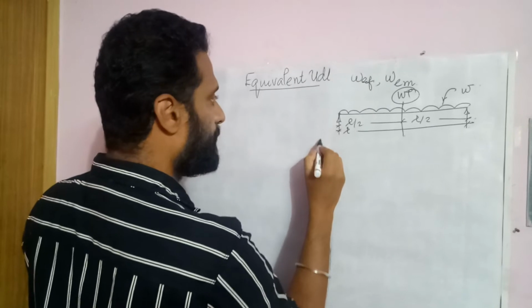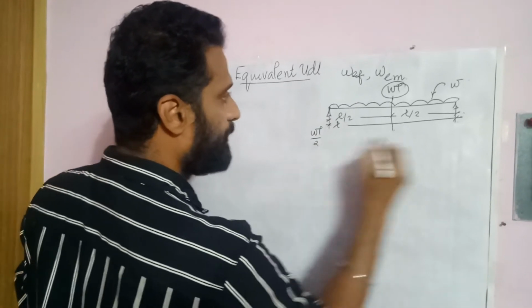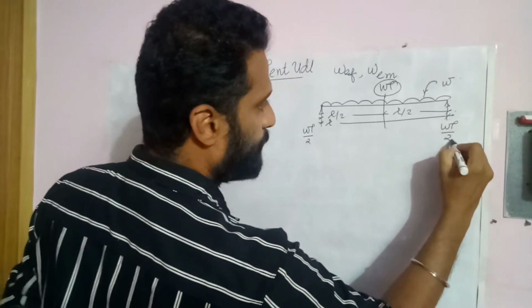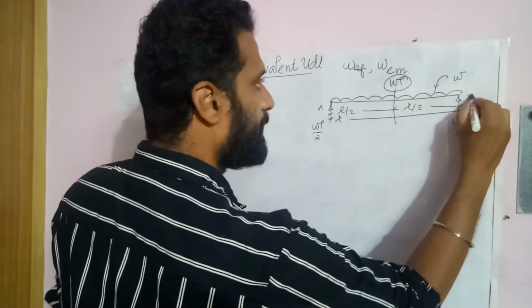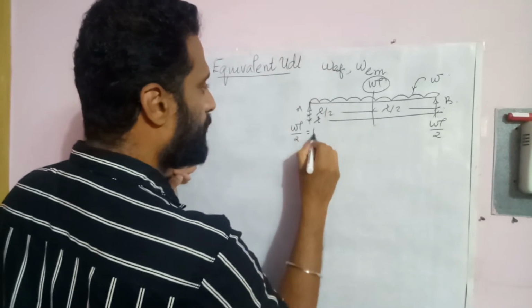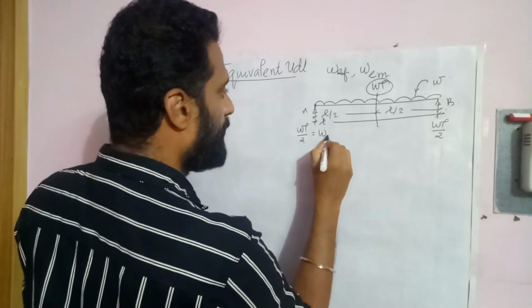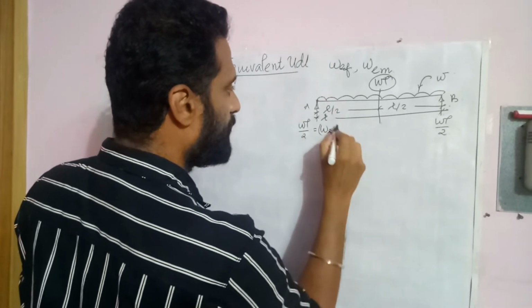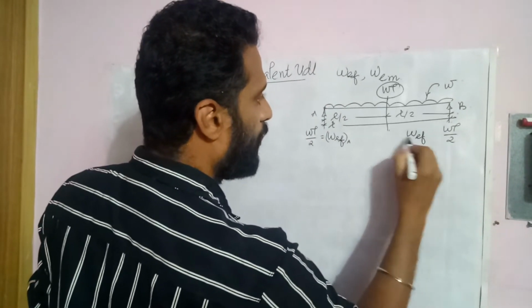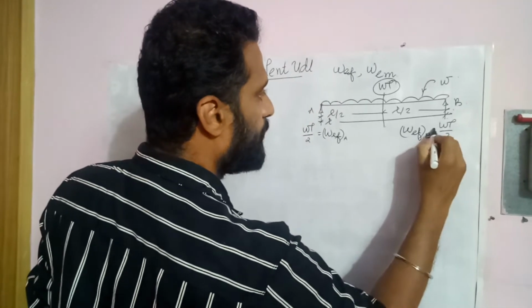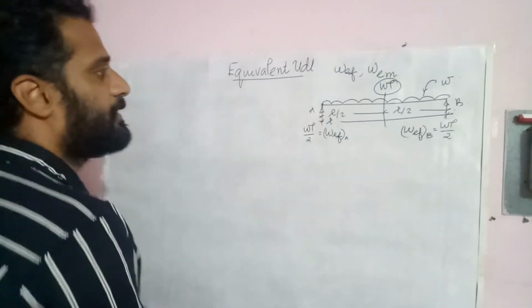And the reactions will be WL by 2 and WL by 2. So this is A and this is B. So this will be equal to the equivalent load of shear force at A, and this will be W equivalent load of shear force with respect to B. So these are the things.